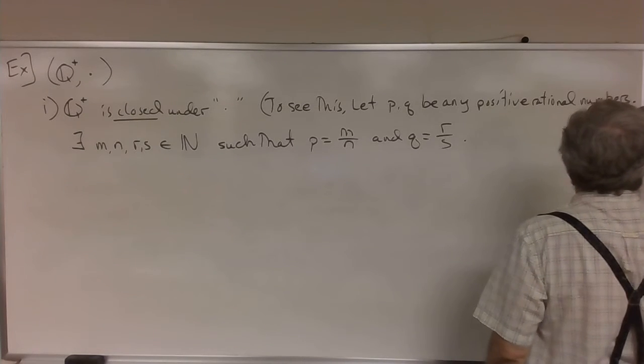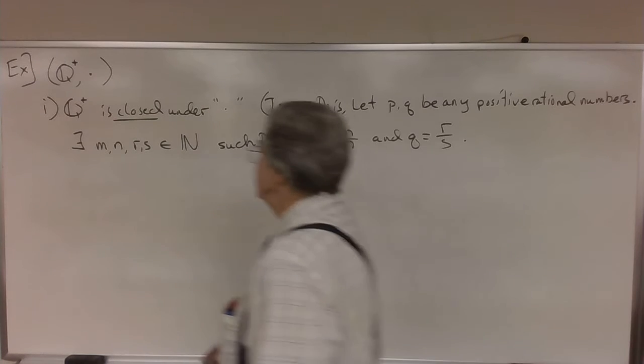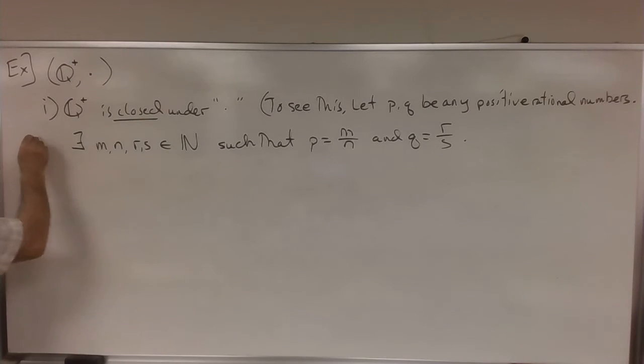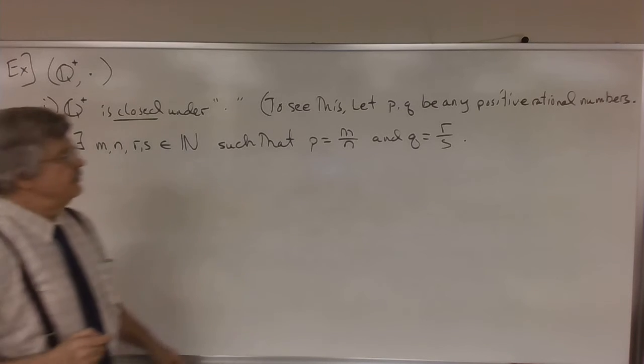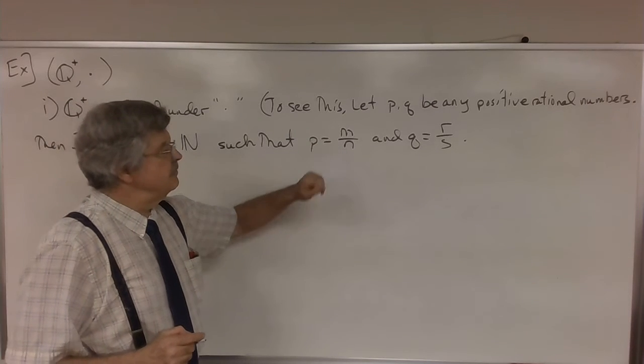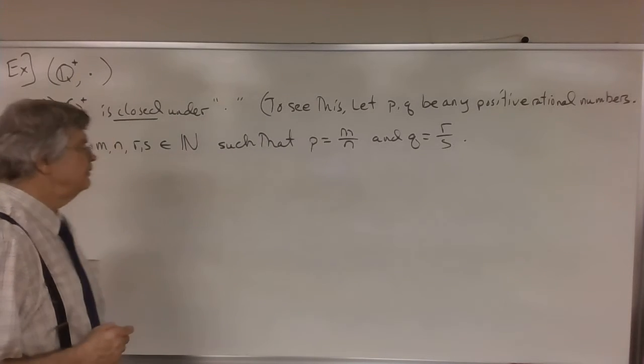Let P and Q be any positive rational numbers. Then there exist natural numbers M, N, R, S, such that P is the quotient of two natural numbers and Q is the quotient of two natural numbers.